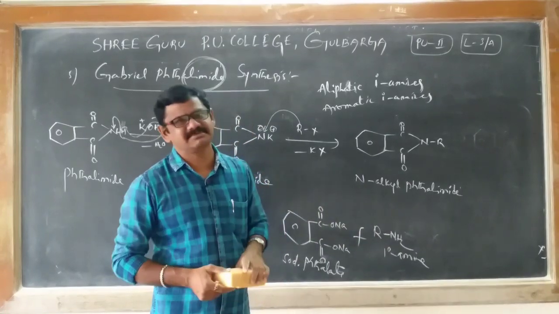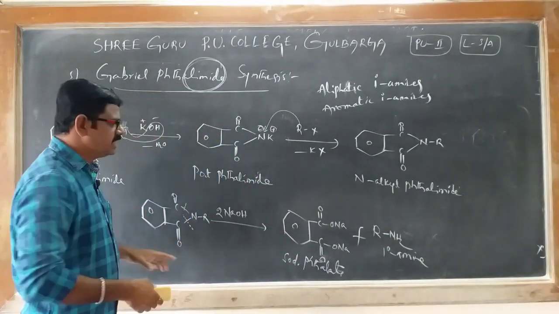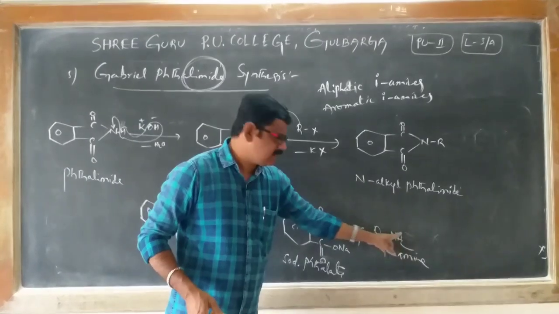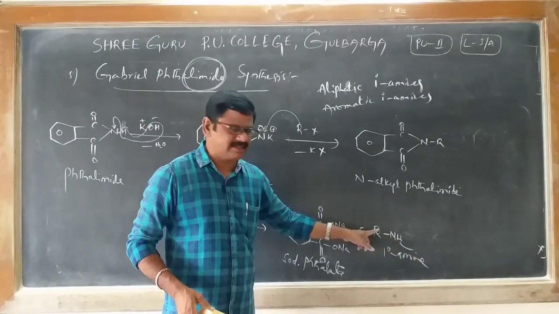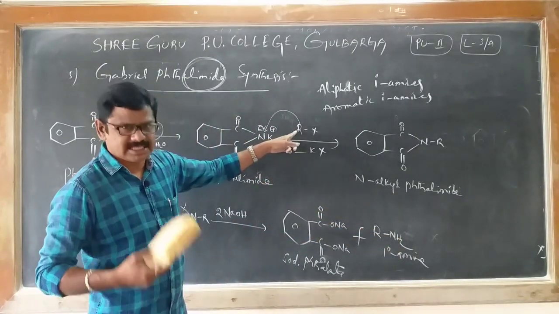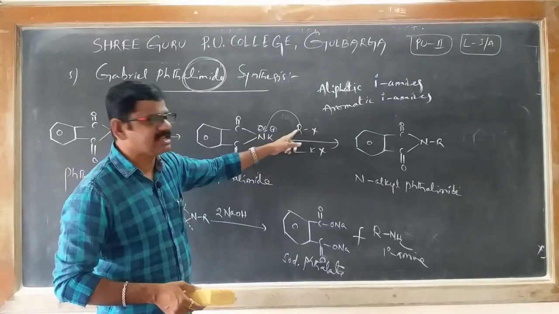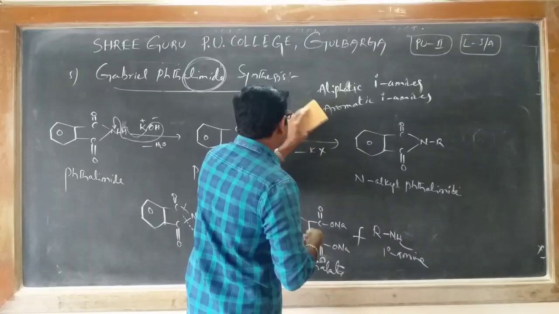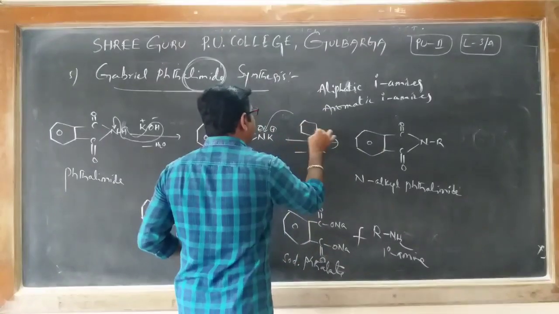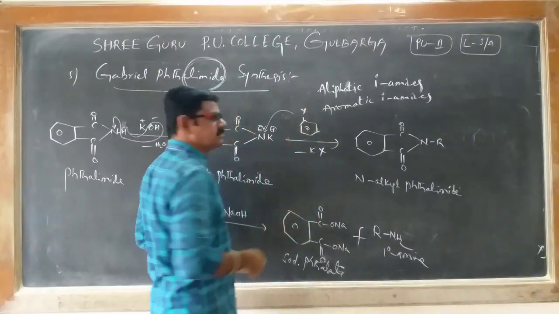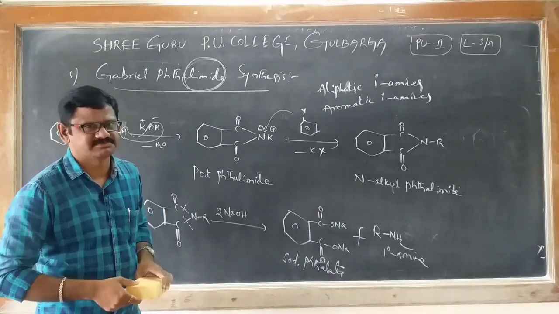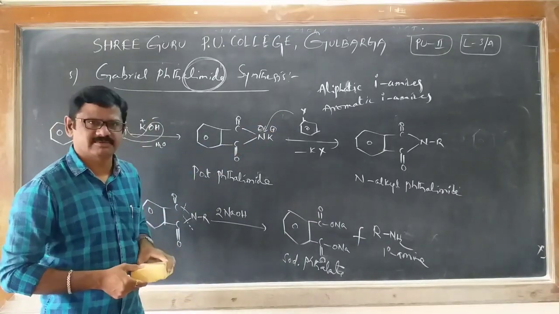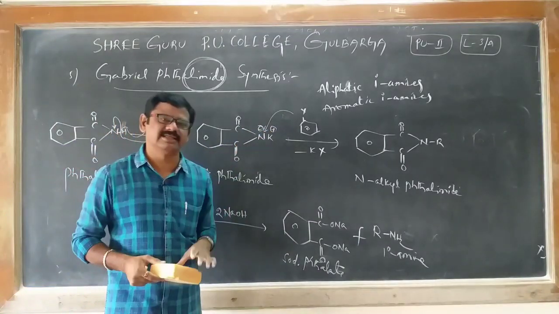We'll just see the reason. See here, we are getting an alkyl amine. From where do we get this alkyl group? We get the alkyl group from here. Let's say, just imagine, instead of alkyl, if I substitute aryl, if you take halobenzene, then what happens? The reason is already known to you.